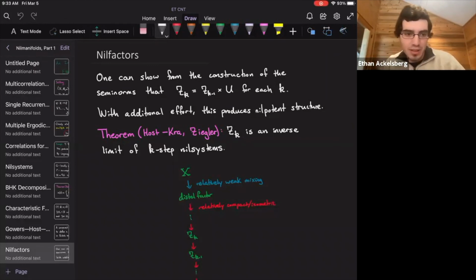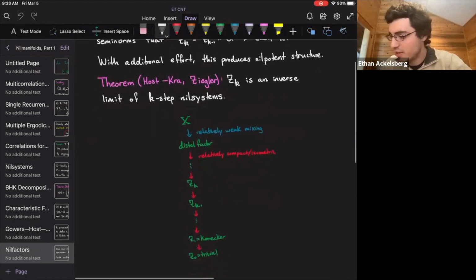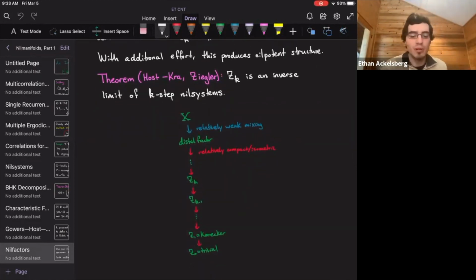And the theorem from Host and Kra, I'm also writing Ziegler here. Ziegler has a different approach to producing these factors, but proves essentially the same thing. This factor Zk is an inverse limit of k-step nilsystems. So if we want to understand progressions of some length, we just need to understand the structure of nilsystems for that complexity. And so this gives a sort of structure for what a measure preserving system looks like.